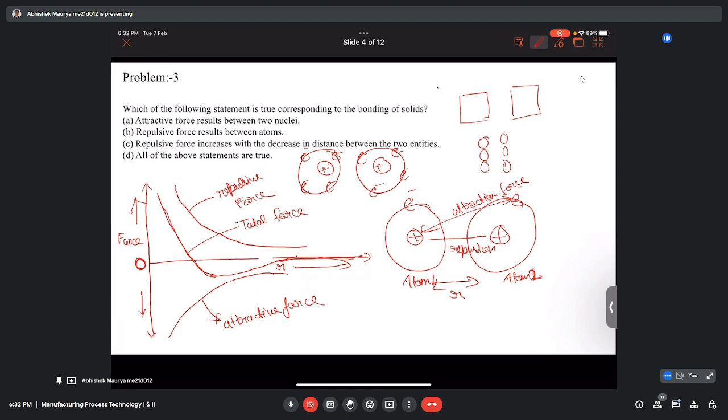So there will be some attractive force if we start reducing the distance between those two atoms. After a certain point, let's say this is r0, this is the point where the force between these two atoms will become equal.